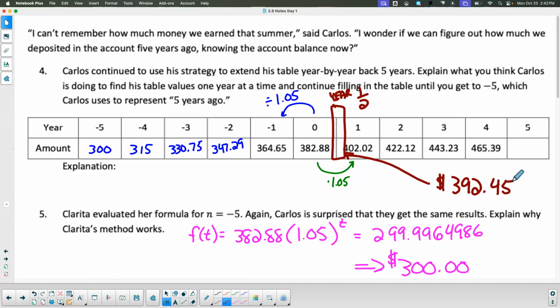Plug in 1/2 for n. In Clarita's? Yeah. We'll get there in a minute. How did I come up with mine? It's tough because they actually are the same number.